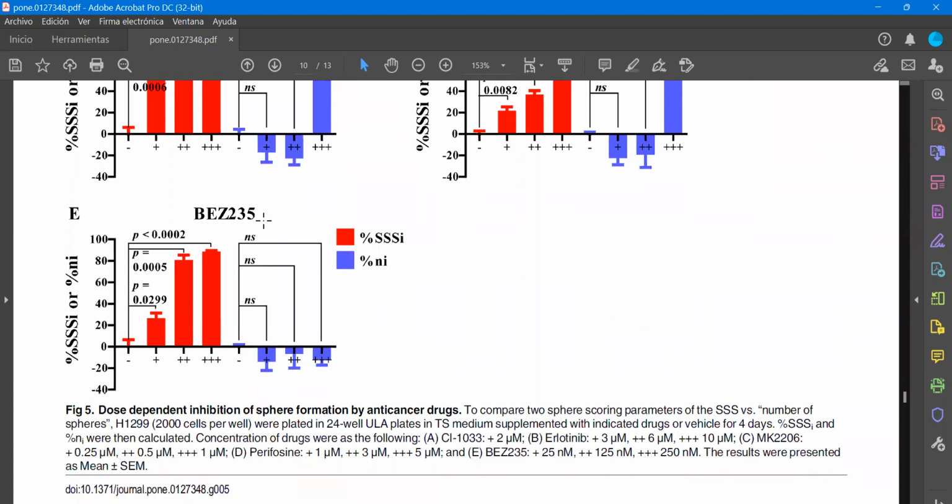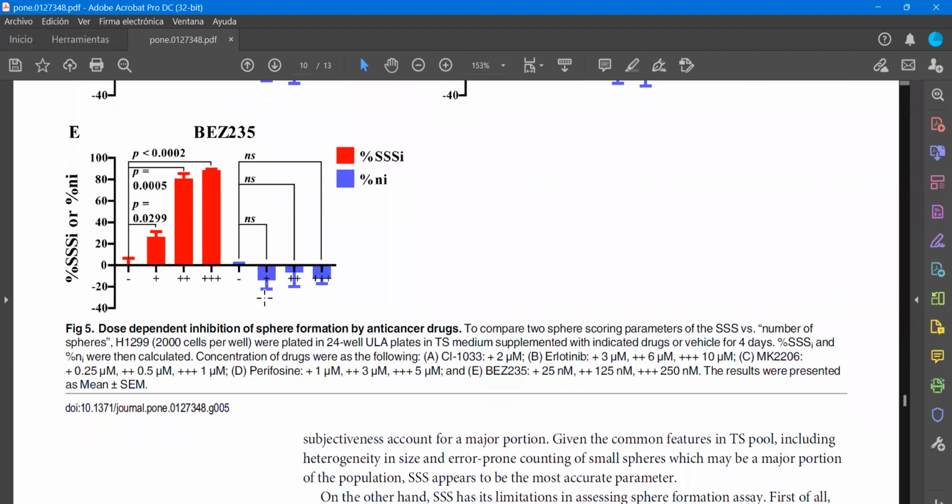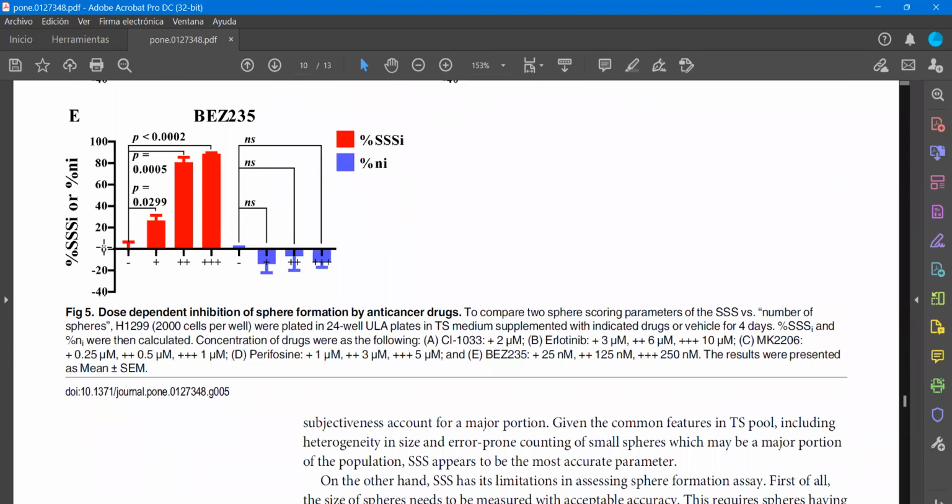So here you see with the different drugs the behavior, and this percentage of standardized sphere score objectively reflects stem cell potential.